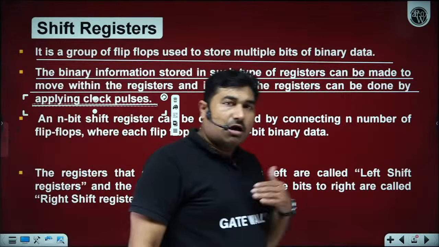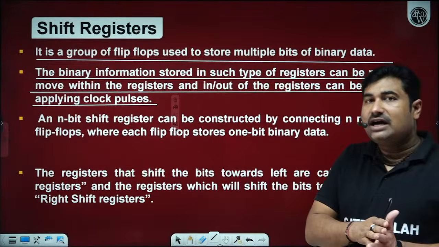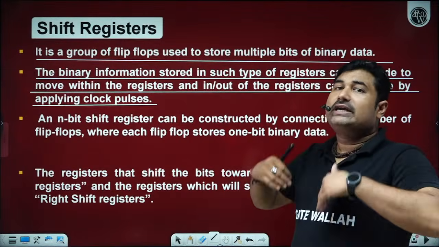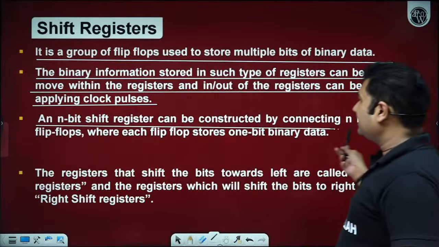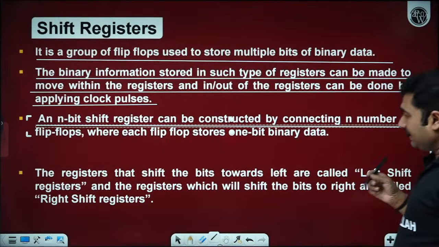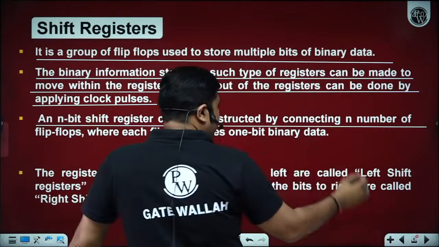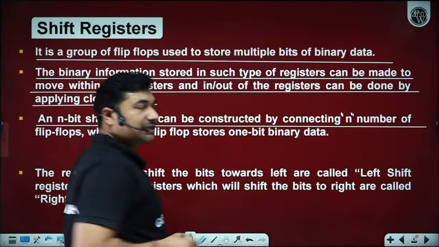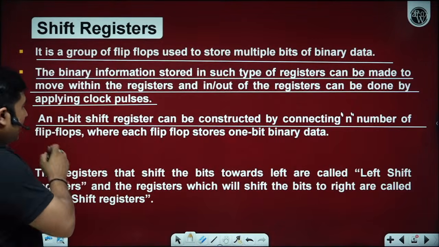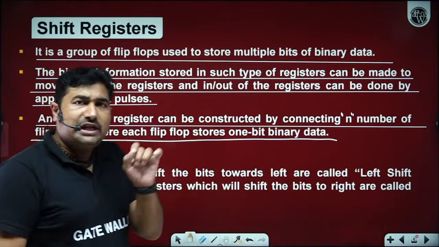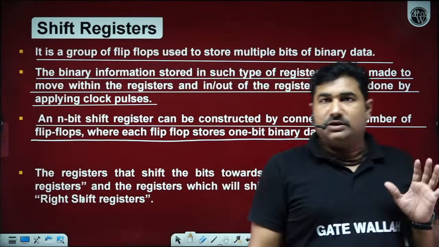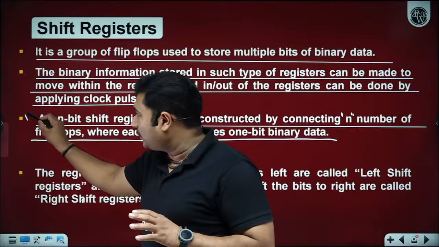So by using clock pulses, we can shift the data, retrieve the data, or store the data. An n-bit shift register can be constructed by connecting n flip-flops, where each flip-flop stores only 1 bit. You have to remember this point.